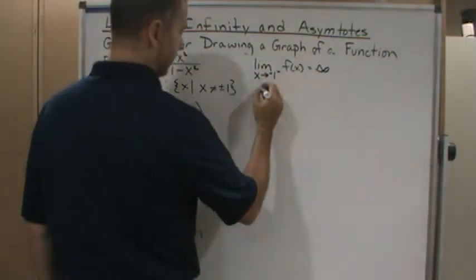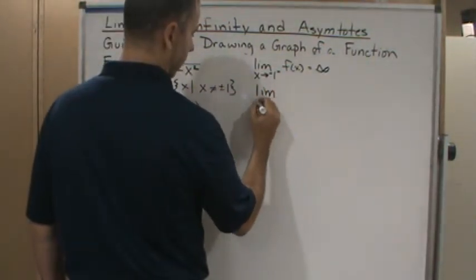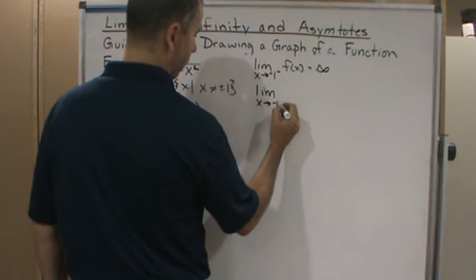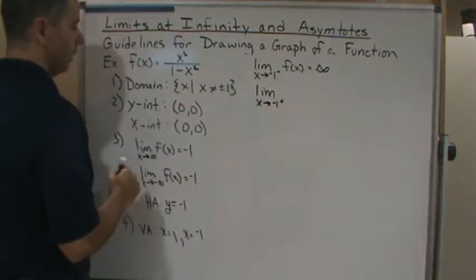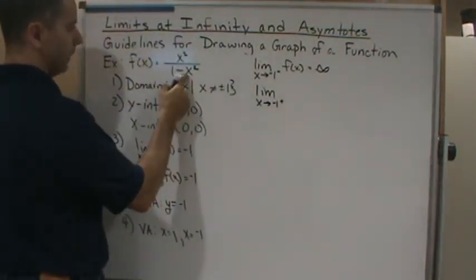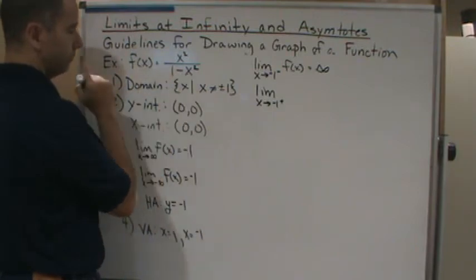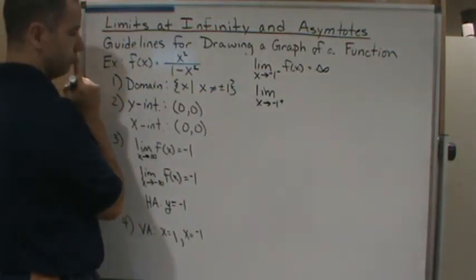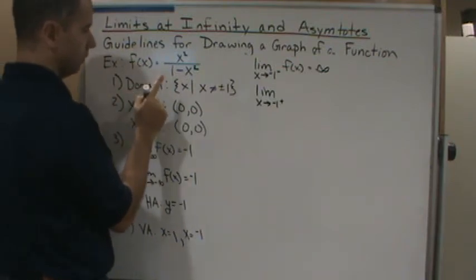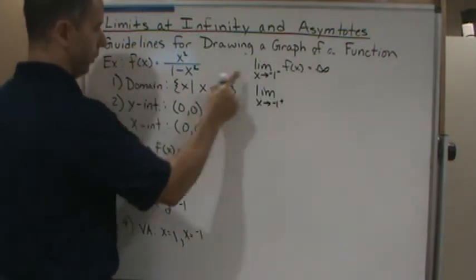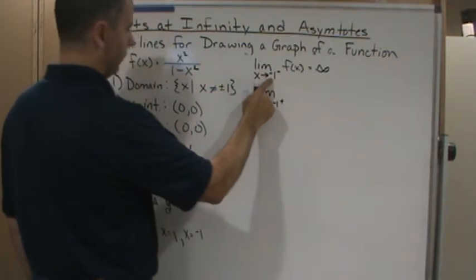And then if you look at the limit as x approaches -1 from the right, well, now you're putting in... or hold on a second. No. Let's go back this way. Made a mistake. No, -1.